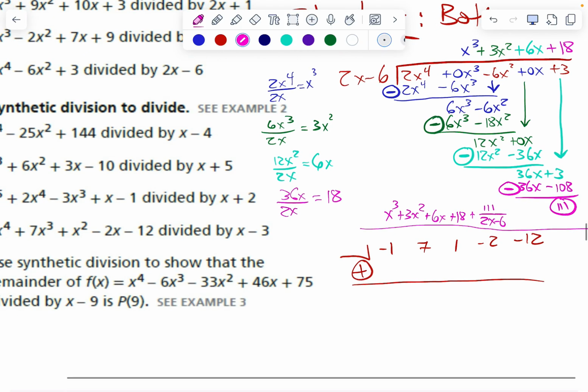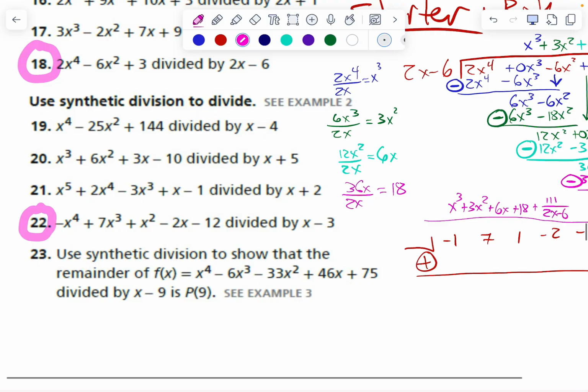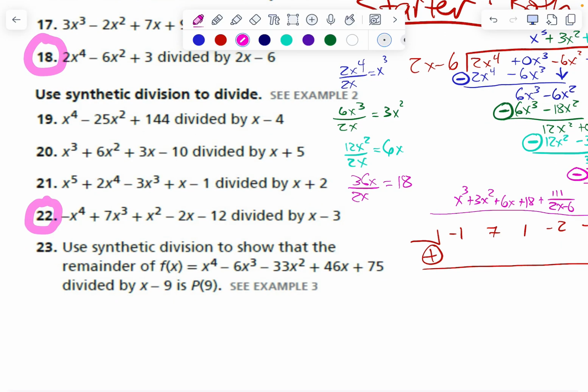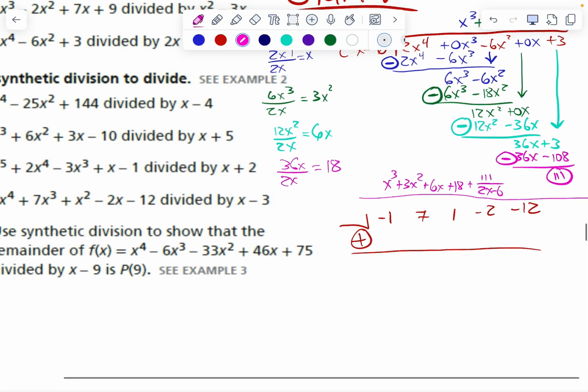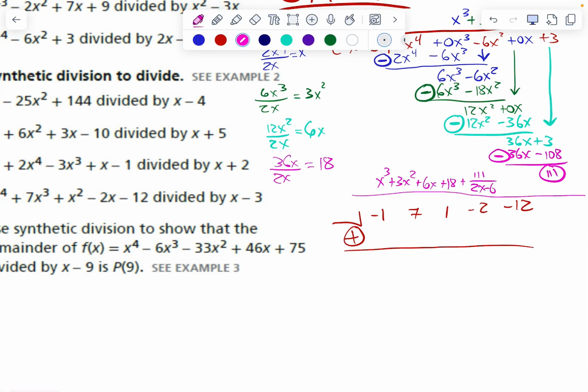So if we do synthetic, if you look at this second section, each one of these, x is by itself. Nothing out front, nothing above, just x. Okay, what goes in the little box? 3, good job. Okay, and then we just bring down this first number, the -1, and now for this, remember, it's multiply, add, instead of any subtraction or anything.